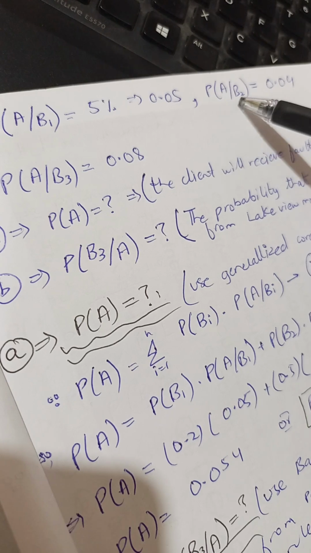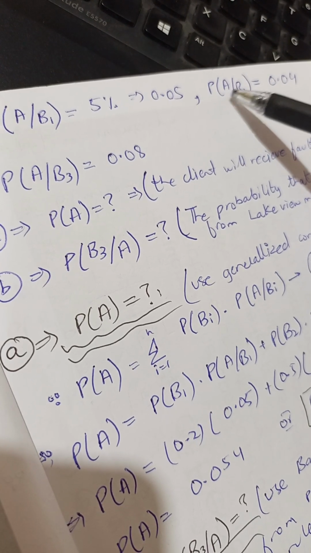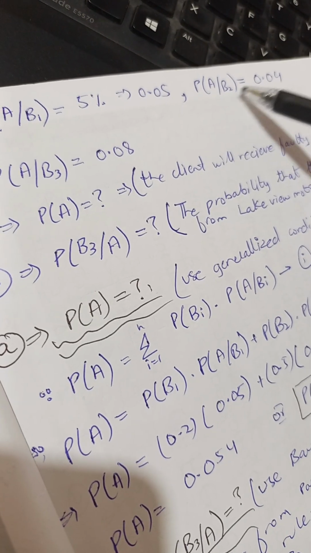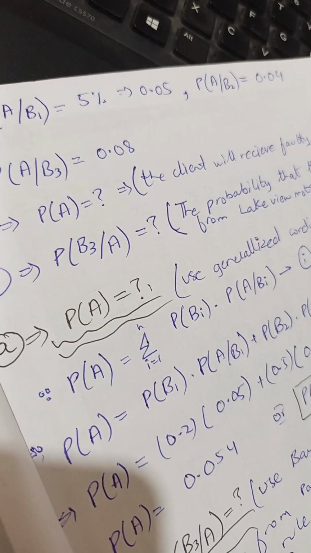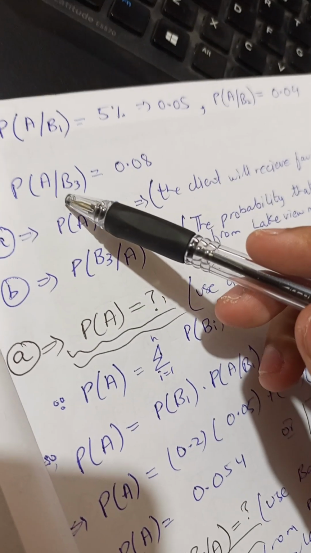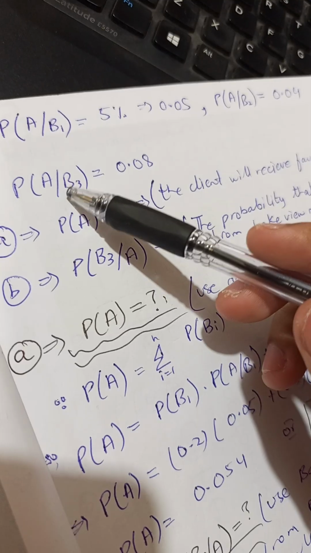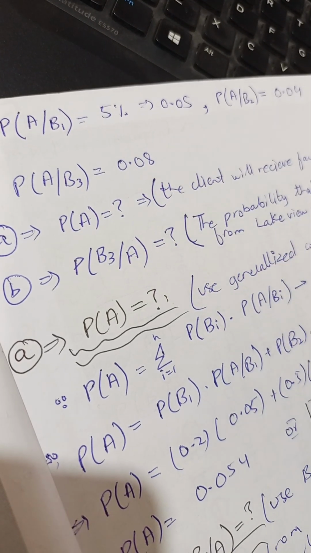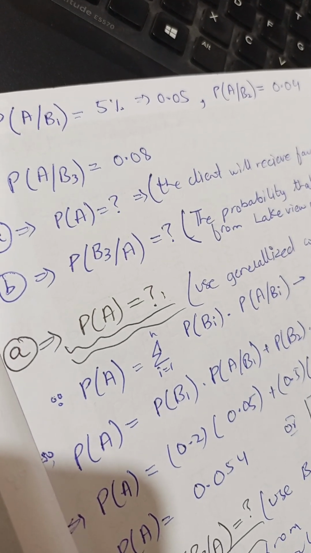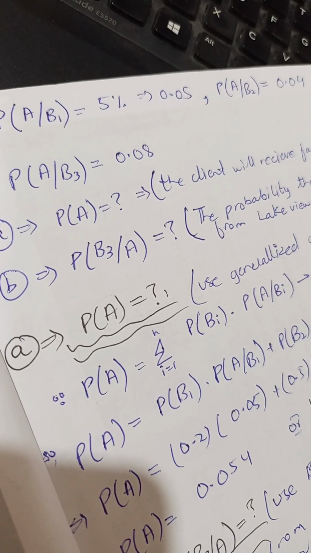And the probability A given B2, that is faulty plumbing in the second, Sheraton, is 0.04, that is 4% in the problem statement. In the third we have probability A given B3 equal to 0.08, which is the 8% of the rooms at Lakeview Motor Lodge.